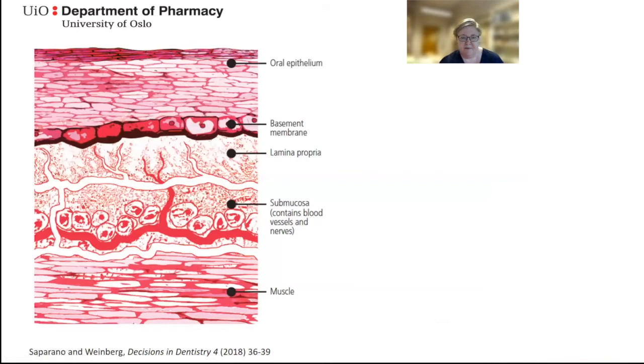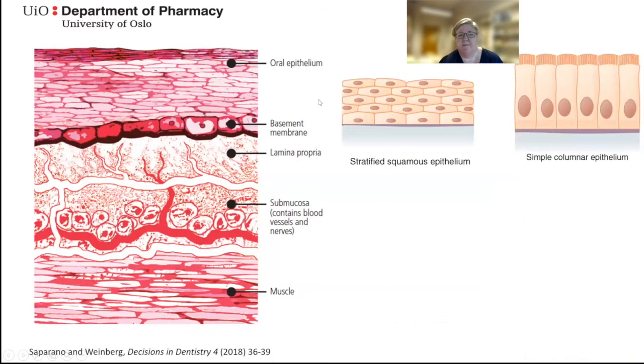However, if we want to study permeability of drugs in the oral cavity, we should not forget that the epithelium here is made of stratified squamous epithelium and not simple columnar epithelium, as we know from the GI tract.